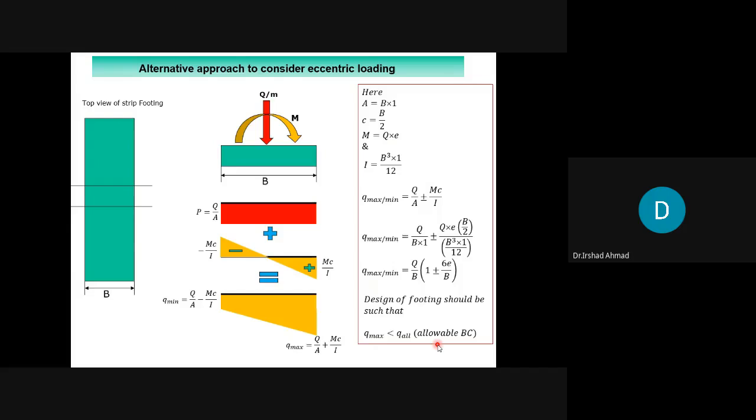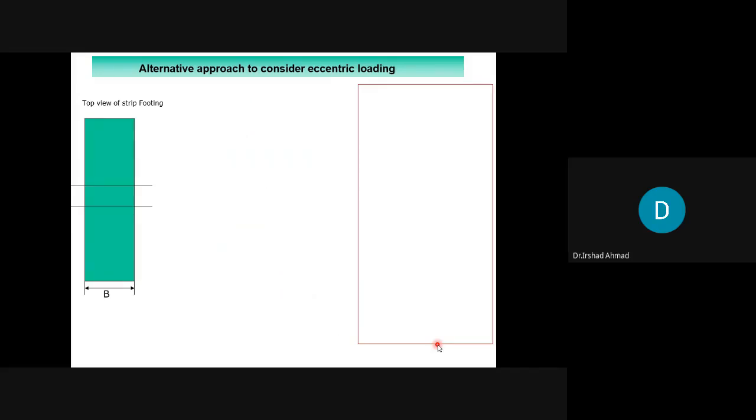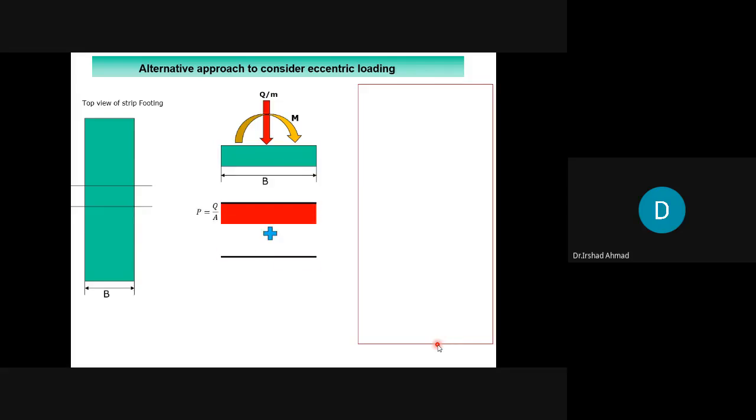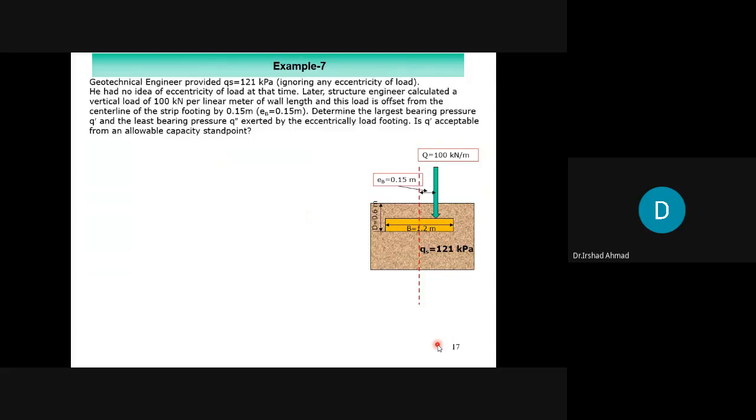Otherwise, we are going to solve a problem on this method. Now this is the problem. You solve it yourself.